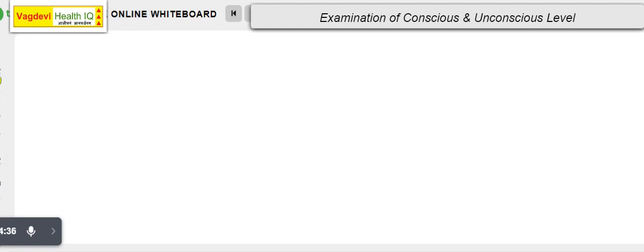Let us see one more board. In this we saw a lot about the motor response. Limb weakness also we will talk about very briefly today.